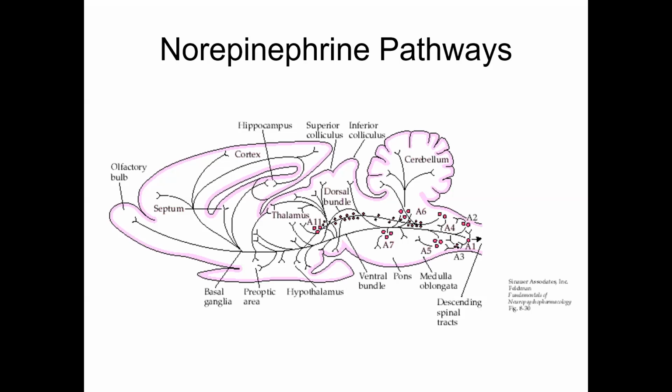So we can see that A6 cell group does an enormous amount of activity in a number of different areas of the brain, and it's doing a lot of its activity when very often we are either aroused or attentive and awake, but it's also doing activity when we are asleep.